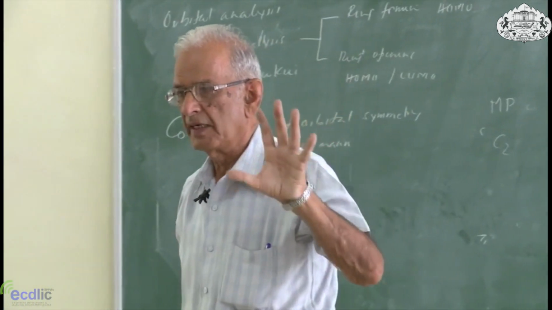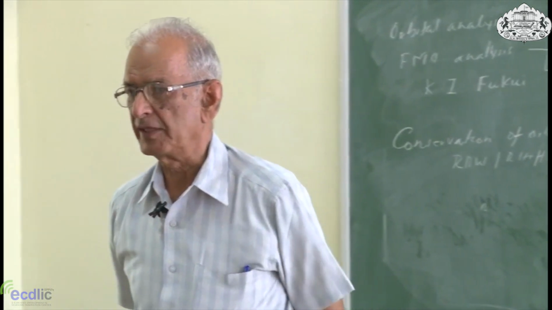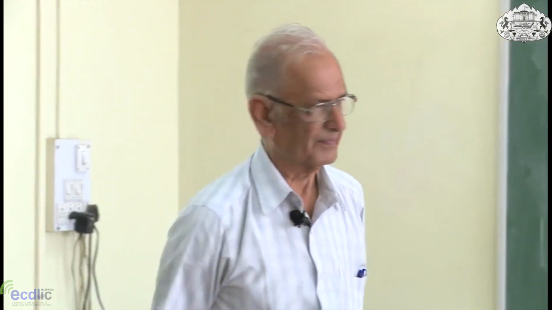So, when I do the correlation diagram for the disrotatory process, I am going to look at the mirror plane symmetry. When I do the correlation diagram for the conrotatory process, I am going to use C2 axis of symmetry.